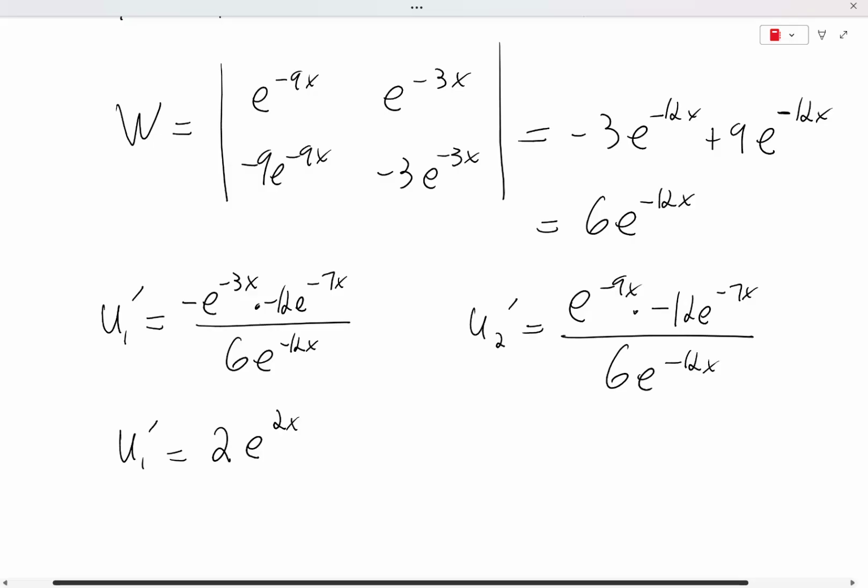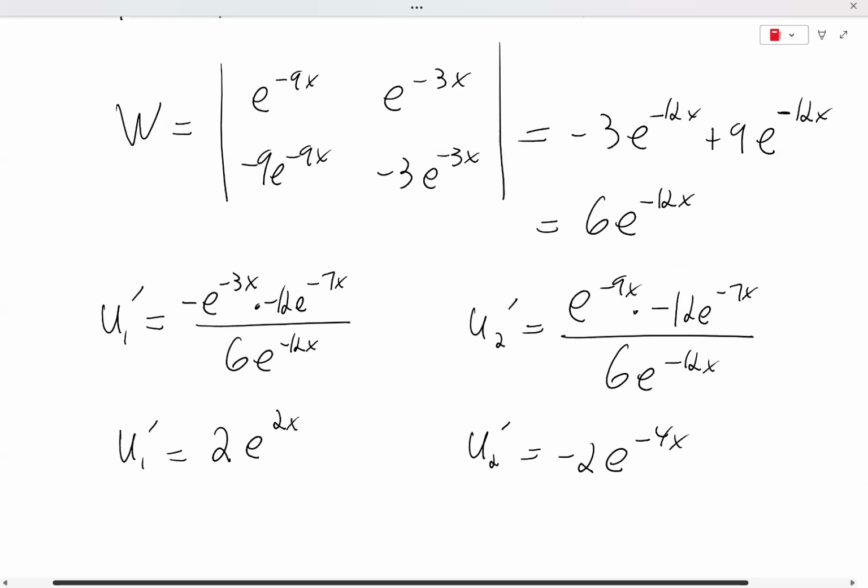Okay, so e to the 2x. Okay, and then the other one over here would be negative 2, and then that would be negative 16, and then plus 12 be negative 4. So e to the negative 4x here. Okay, so you got that.